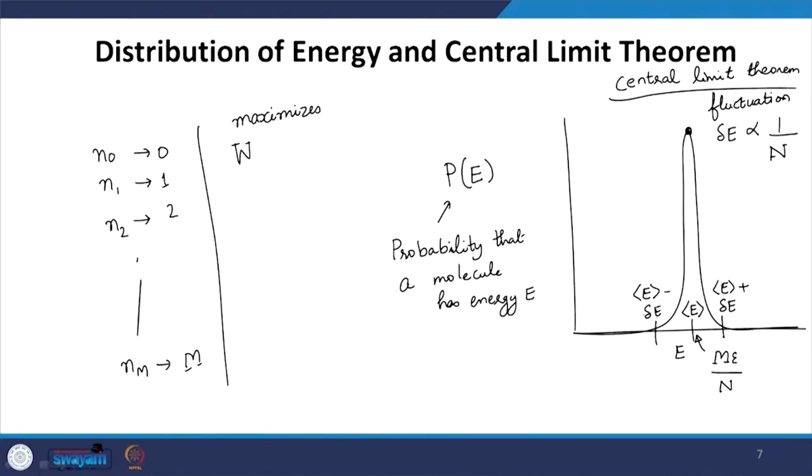So, even though the case of 3 students and 3 chocolates gave rise to a non-even distribution, what you will find for a large number of molecules is that when you maximize it, you will be close to this peak value that you see here. So, as you increase the number of molecules, you will be approaching a uniform distribution at the point where the W is maximized.